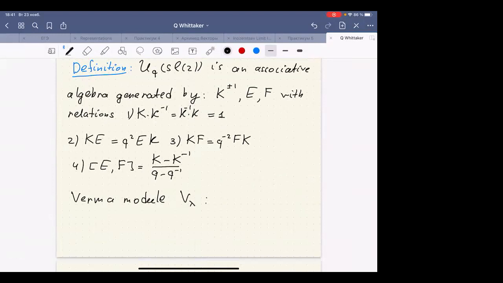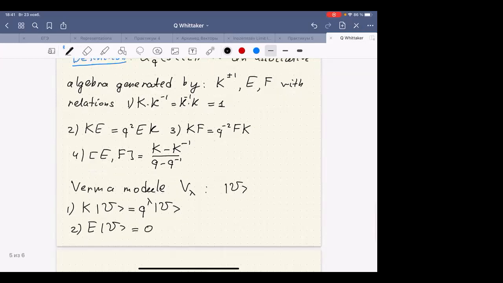Again, it is generated by some highest weight vector V with the following properties: K acts on V as Q to the power lambda, and E annihilates V.